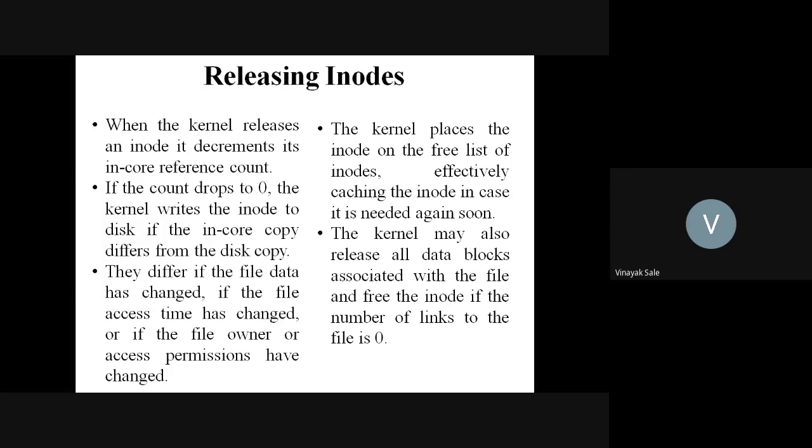They differ if the file data has changed, if the file access time has changed, or if the file owner or access permission have changed. The difference between the in-core copy and the disk copy is due to file access permission, file owner, or access time.